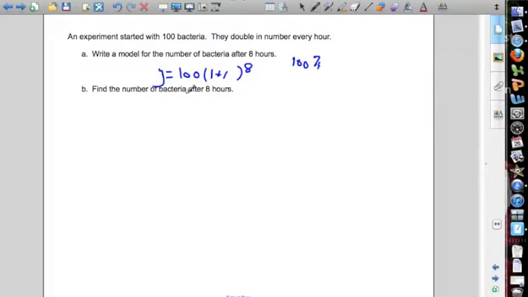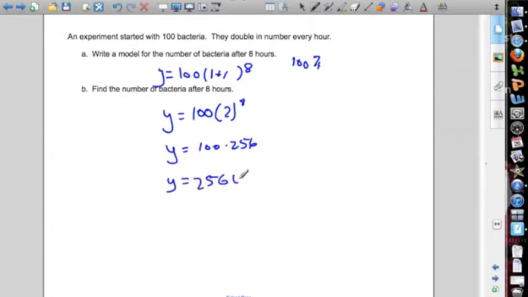And so when I go to find the number of bacteria after 8 hours, I'm going to take 2 to the 8th power, and then simplify that. So 2 to the 8th power turns out to be 256. When I multiply that by 100, I get 25,600. And so after 8 hours, there are going to be 25,600 bacteria.